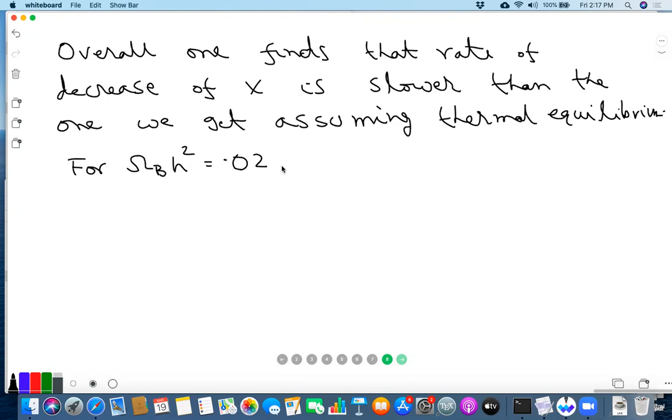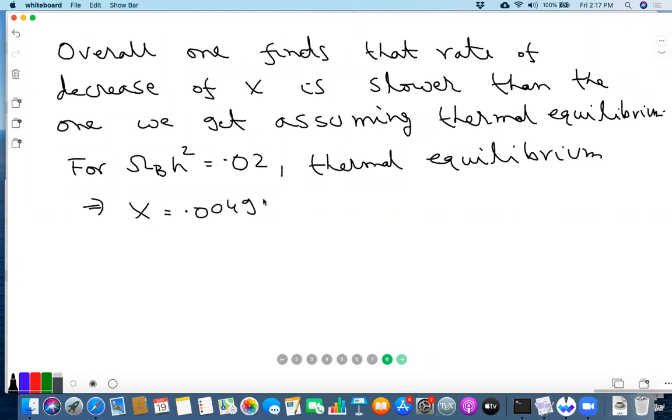So thermal equilibrium gives x about 0.00493 at 3000 K.